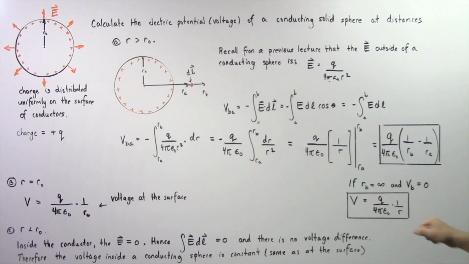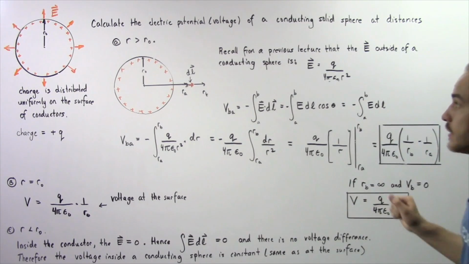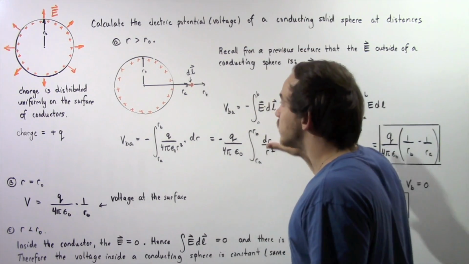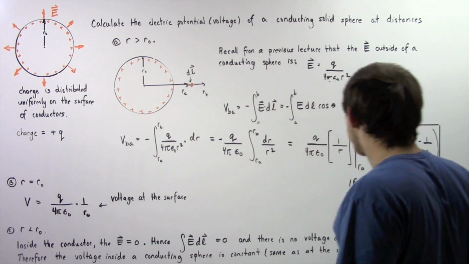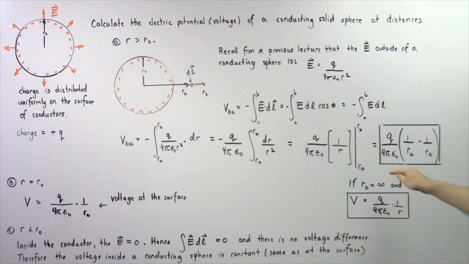So that basically means this quantity goes to 0, or this quantity goes to 0, and we're left with the following result. The voltage at point A as a result of this conducting solid sphere is equal to Q divided by 4 pi epsilon naught multiplied by 1 divided by R.